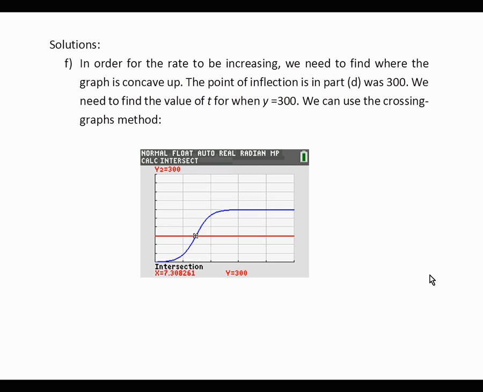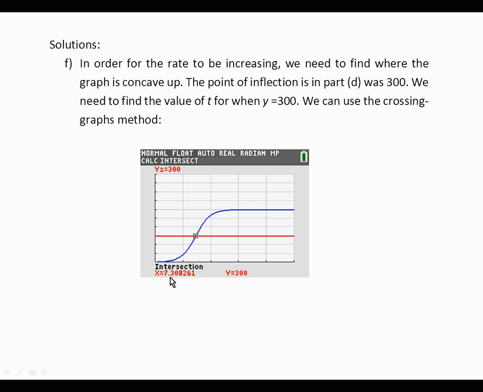Okay, in order for the rate to be increasing, we need to find where the graph is concave up. Remember, the inflection point we found in part D was 300. So we need to find the value of t when y is 300. Using the crossing graphs method, here's our original function, and here is y2 being 300.